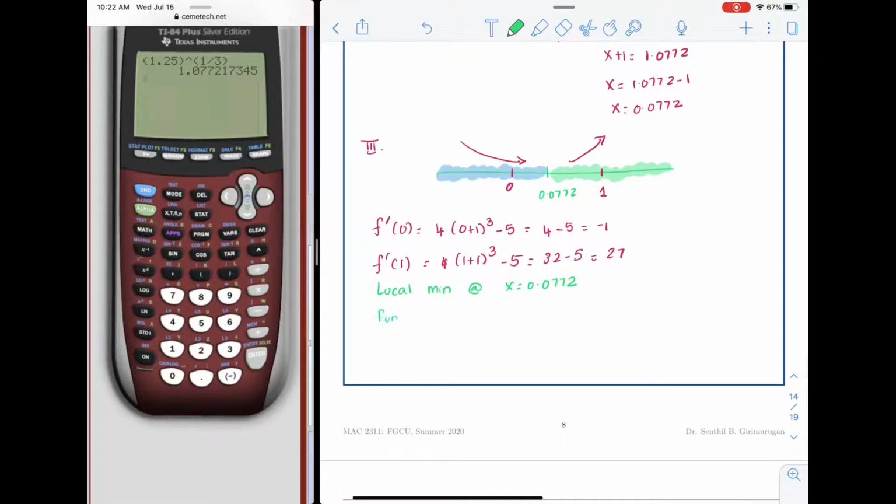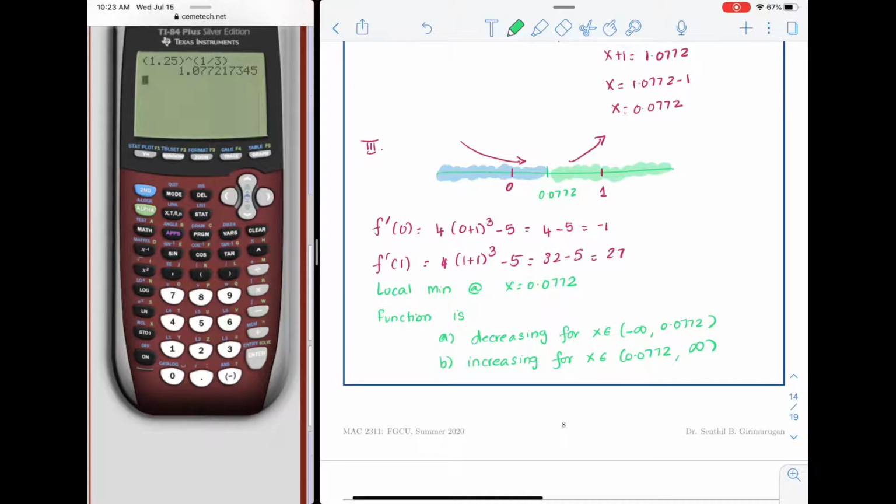The function is decreasing for x in negative infinity all the way up to, I guess I'll put the decimal in, 0.0772, and increasing for x in 0.0772 up to infinity.